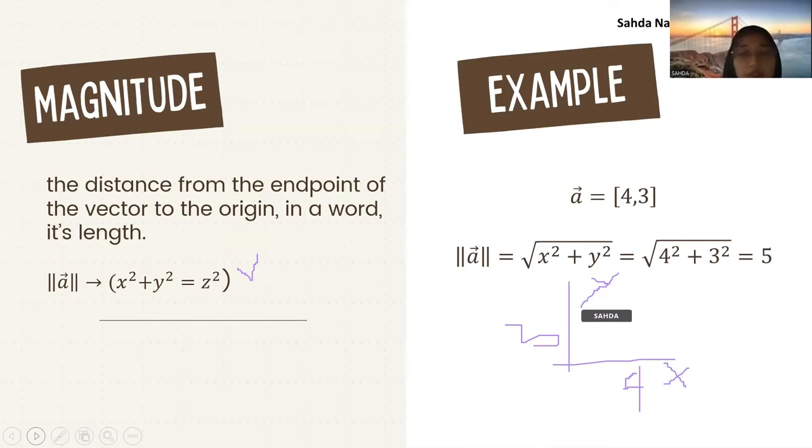The magnitude of a vector is a scalar value, a number representing the length of the vector independent of the direction. So we try to calculate the magnitude of vector A, which is the square root of 4 squared plus 3 squared, and is equal to 5. So the magnitude of vector A is 5.